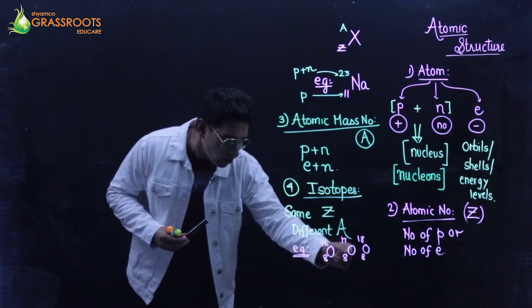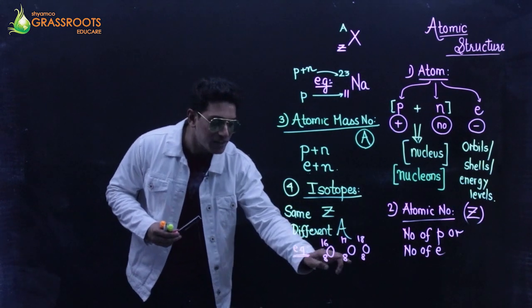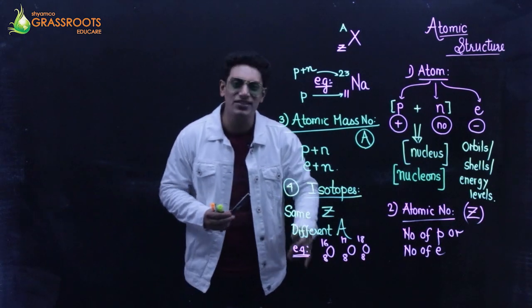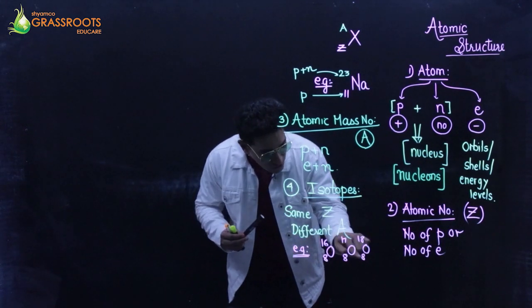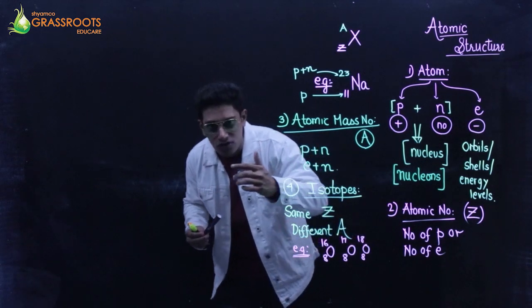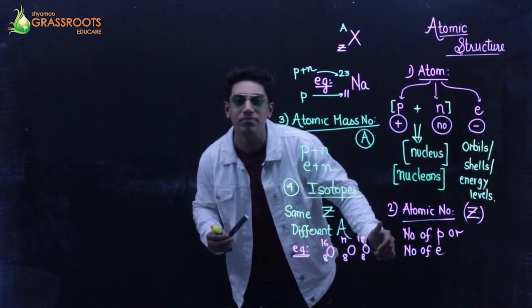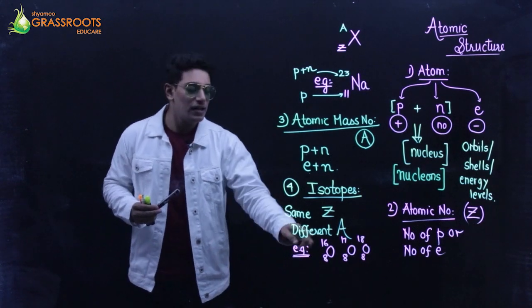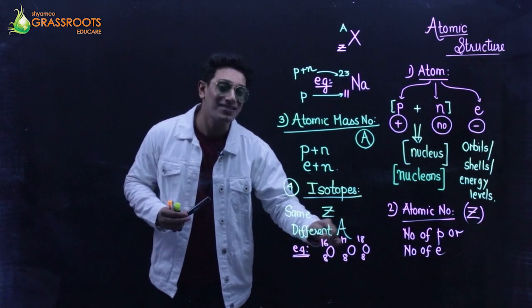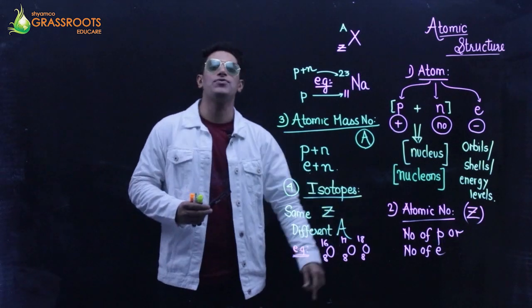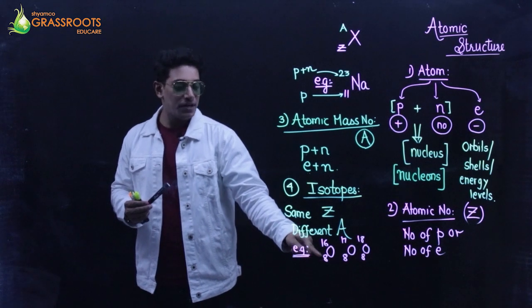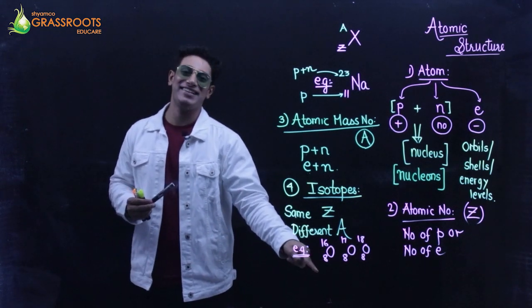So in all of them, the atomic number of oxygen is the same. Can I say the number of electrons, the number of protons in oxygen for all three of them is the same. So where do they differ? They differ in the mass number, that is the number of neutrons. The first oxygen has 8 protons, 8 neutrons, 16 minus 8.